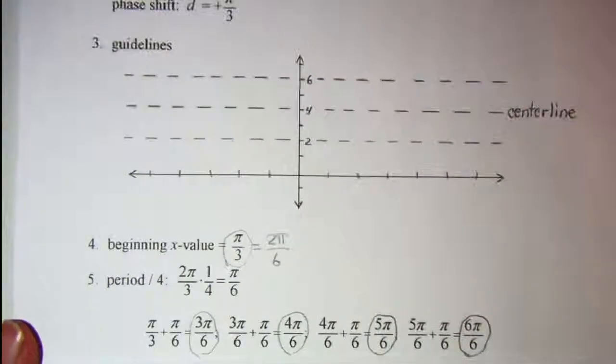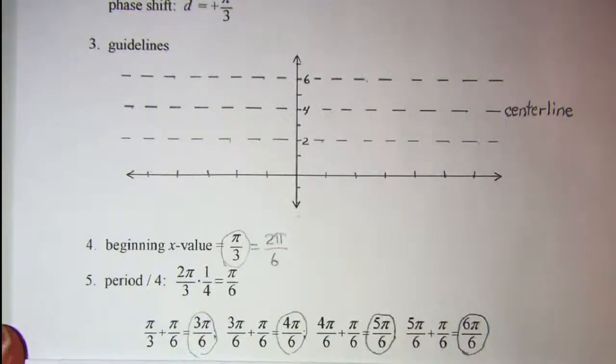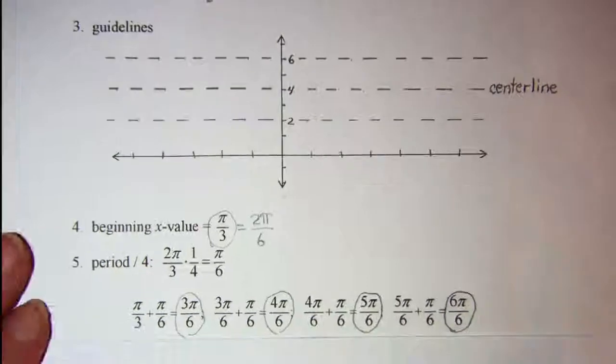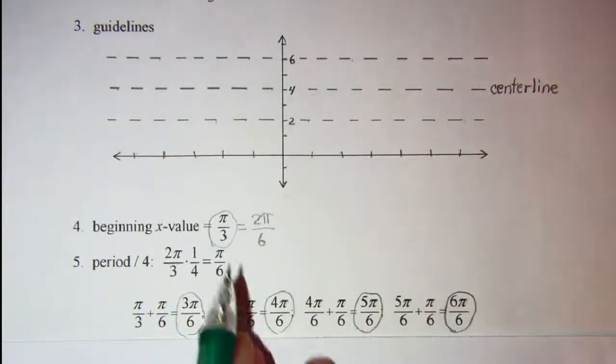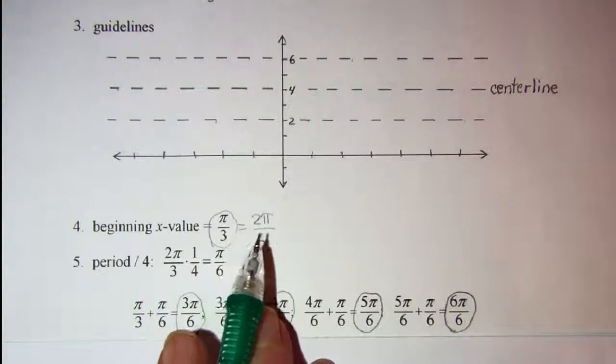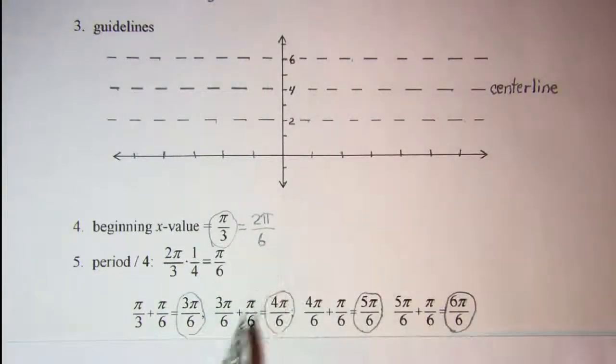So here are my values that I'm going to be needing. First of all, my beginning x value is 2 pi over 6. And then these are my other values where I hit maximum or minimum or center line.